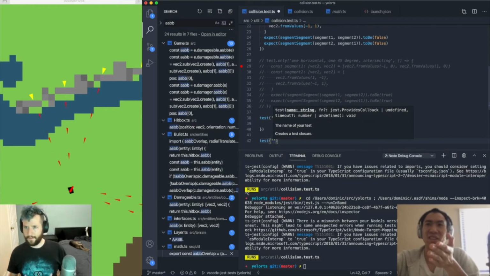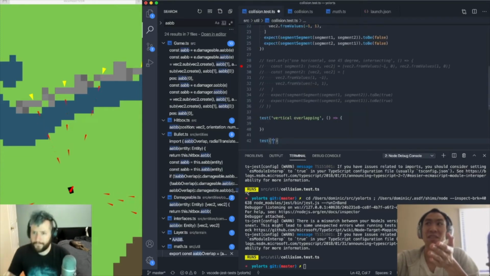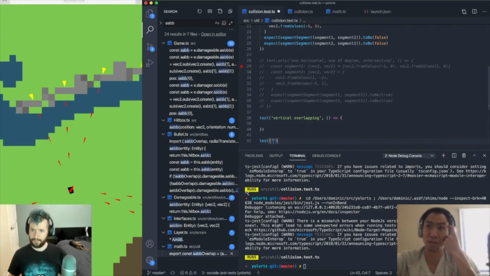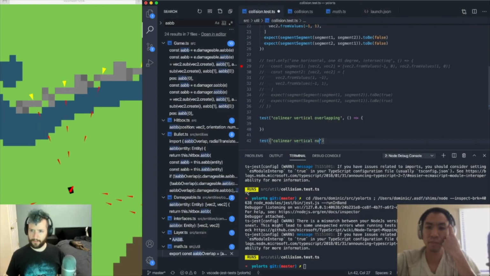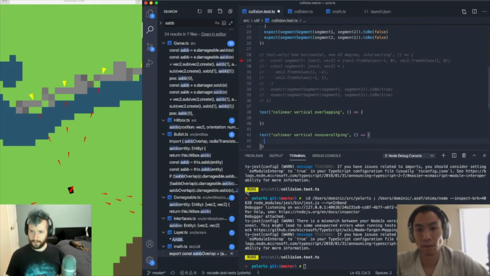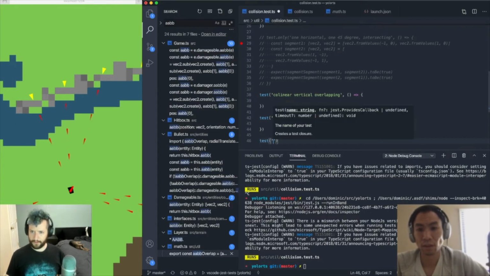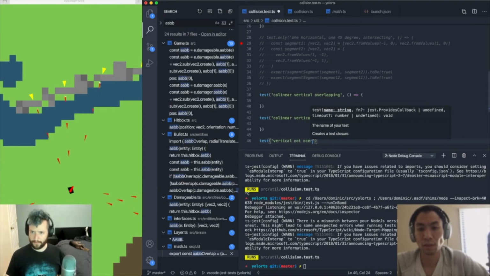That's the collinear not overlapping case. So the only other thing that we want to worry about is they just don't have the same x coordinate at all. Okay, not overlapping. Right. Test vertical, not overlapping on X.